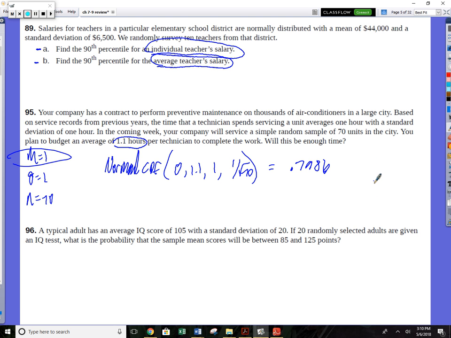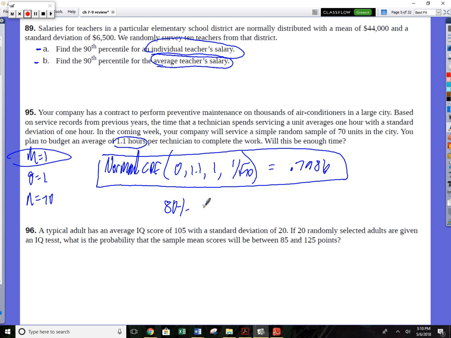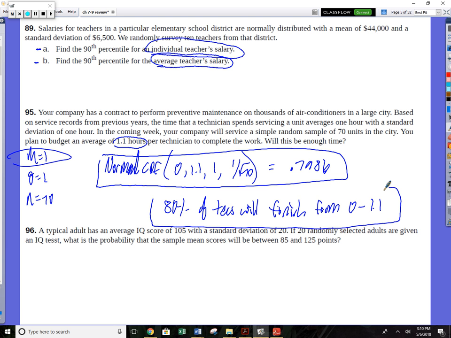Okay, so here's what I mean, this is pretty cool. This is a decent application of how stats are used in business. This is awesome. So that means 80% of the techs will finish anywhere from that range, 0 to 1.1 hours. So you tell your boss, hey, if you're going to average 1.1, so if you're scheduling them to do this many a day, you either overschedule or you underschedule.